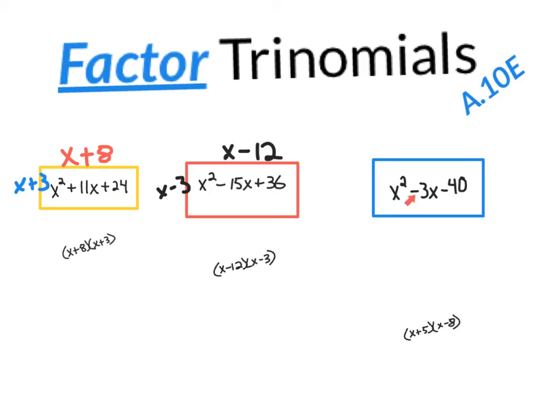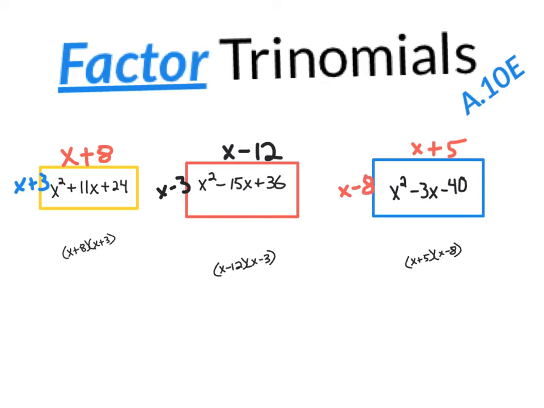This is x squared minus 3x minus 40. The factors that we multiply for this one are x plus 5 and x minus 8. Again, we can make one of those the length and the other one the width.